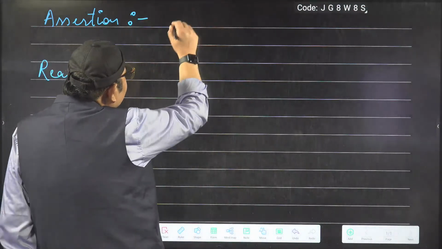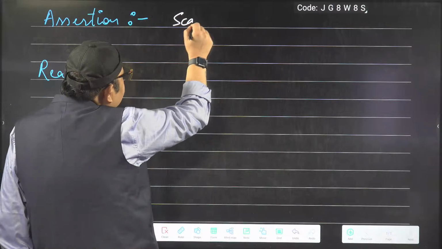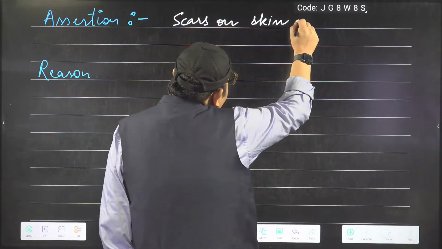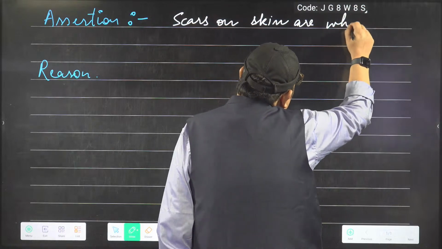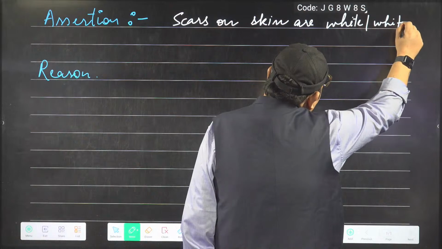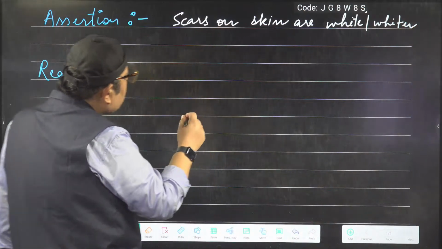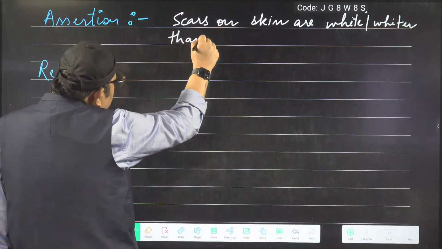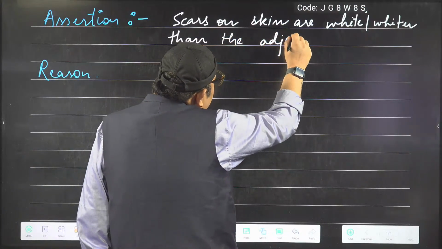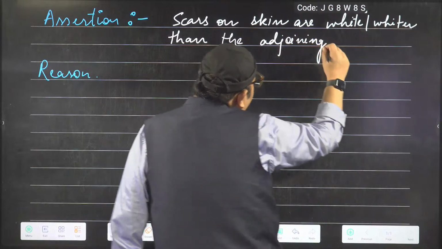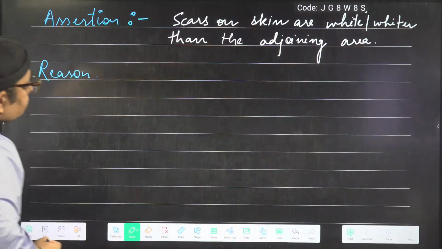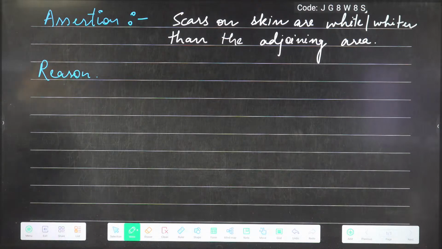So the assertion is: scars on skin are whiter than the adjoining skin, than the adjoining area.